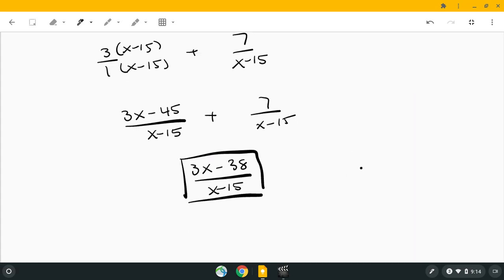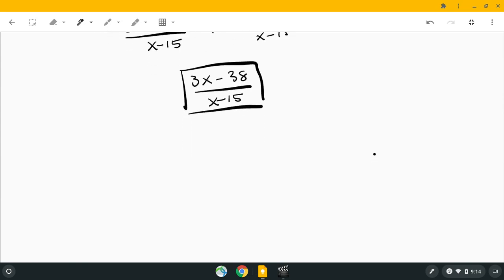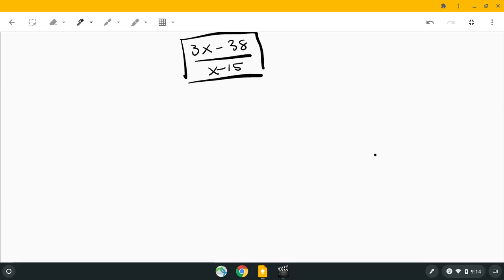Okay? All right, and let's see if you guys remember what I said about this sort of situation. Let's have a look. Suppose I have x over x minus y plus y over y minus x. Okay, so remember, these are not exactly the same.